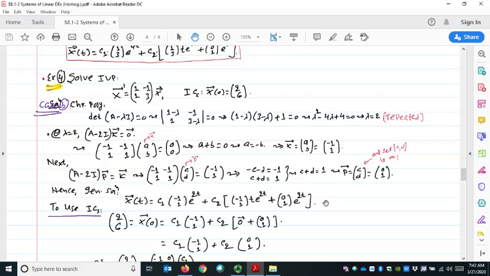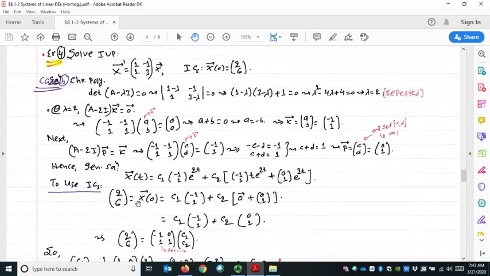Now we are ready to write the general solution. So the general solution, vector x(t) equals c1 times this k vector, e to the lambda t, lambda is 2, plus c2, again k vector, times t times e to the 2t, plus p vector 0 1 times e to the 2t. So this is the general solution of this given equation.